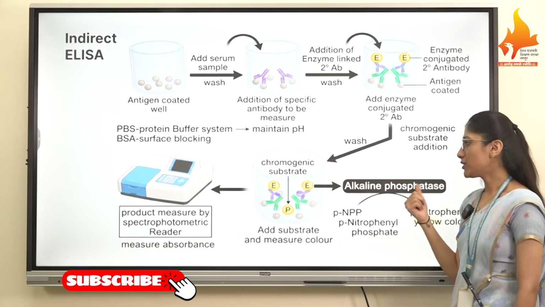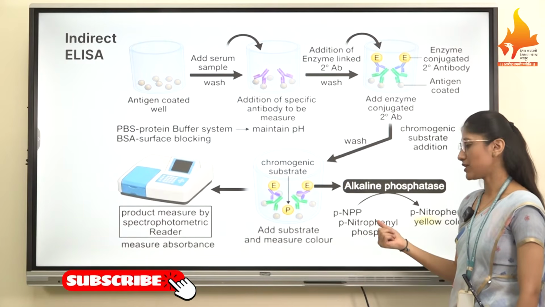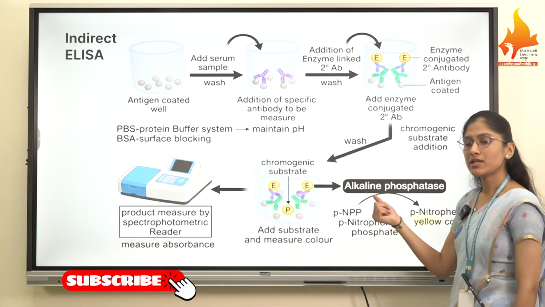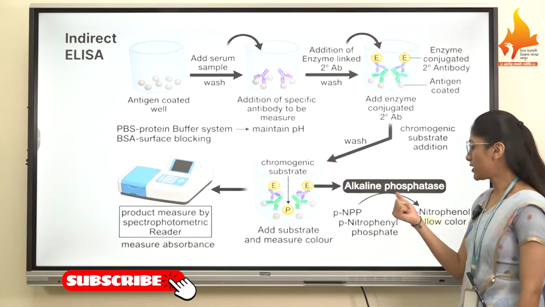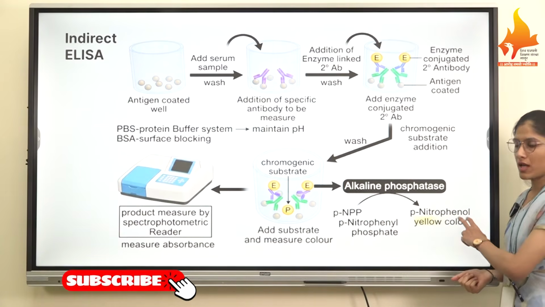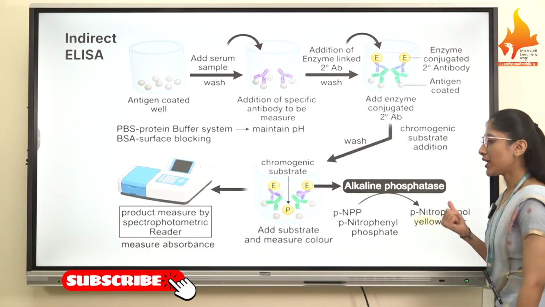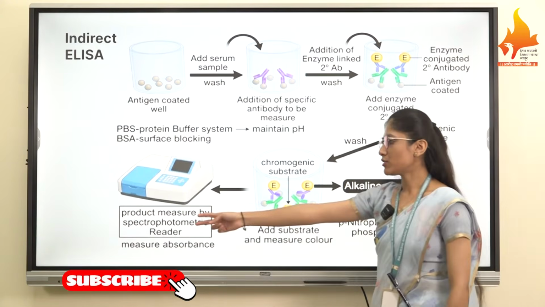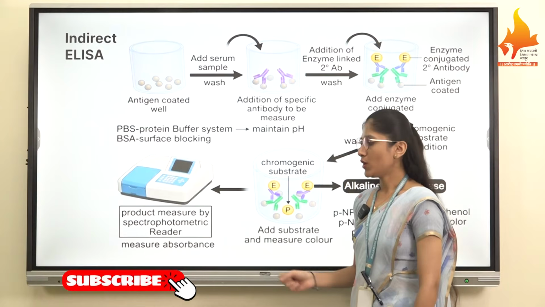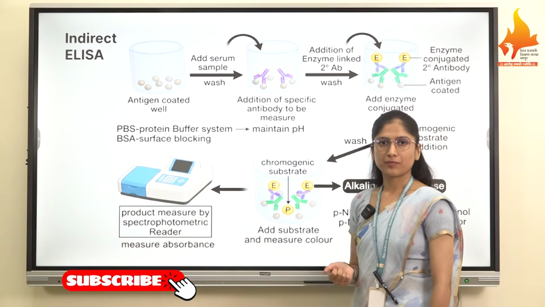For that enzyme, we use the substrate para-nitrophenyl phosphate. This is a colorless substrate which is converted into a colorful product, para-nitrophenol, which is a yellow compound. Here the color intensity is measured spectrophotometrically. We measure the absorbance. That is the indirect ELISA.